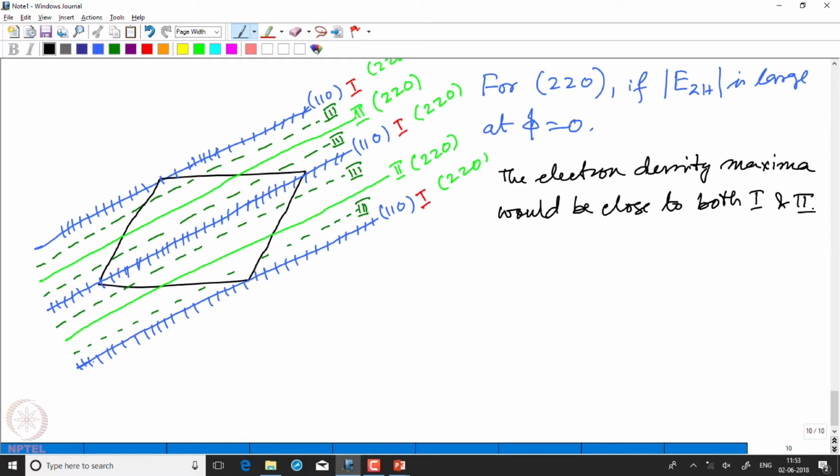So the maxima will be close to lines 1 and lines 2, and minima would be close to 3.